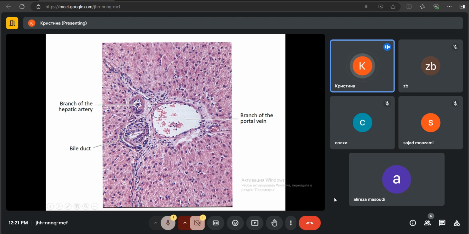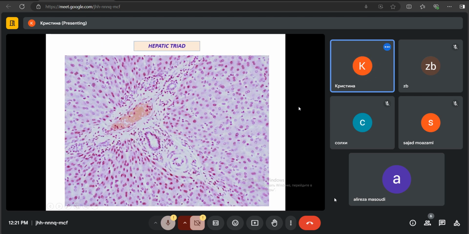We can have here also smaller other elements like here and here and here and here. They are smaller branches of these larger vein, artery, and the duct. In this specimen, also we have the triad. This one should be the artery because of these concentrically located smooth muscle cells.